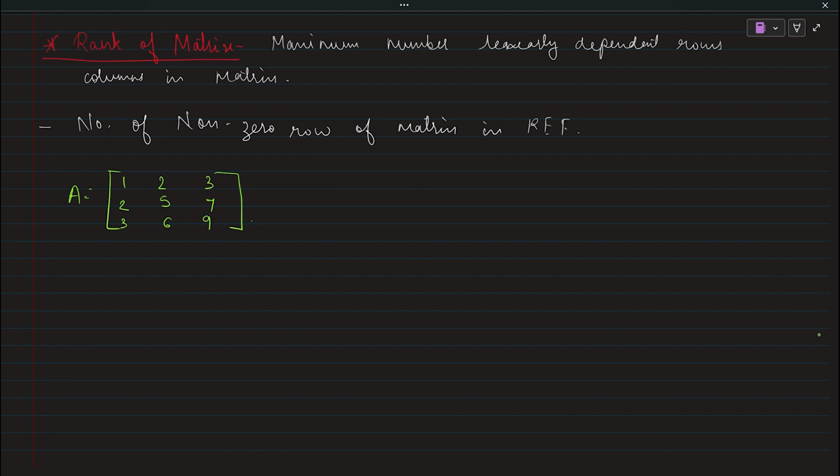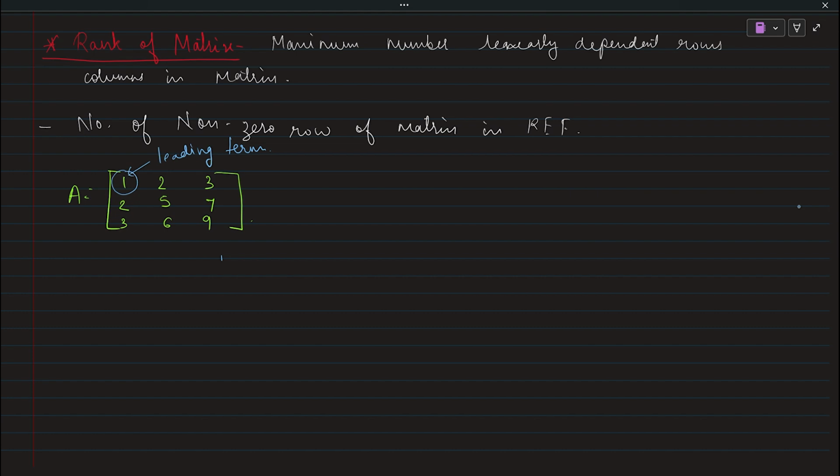So, firstly, all non-zero rows should be above the zero rows. Then, here 1 is a leading term or the leading entry. So, all the entries below the leading entry should be 0. That means we have to make this 2 and 3 zero using some row operations.